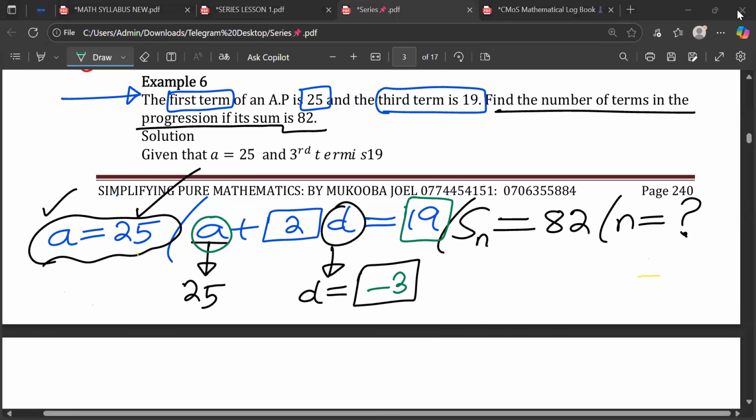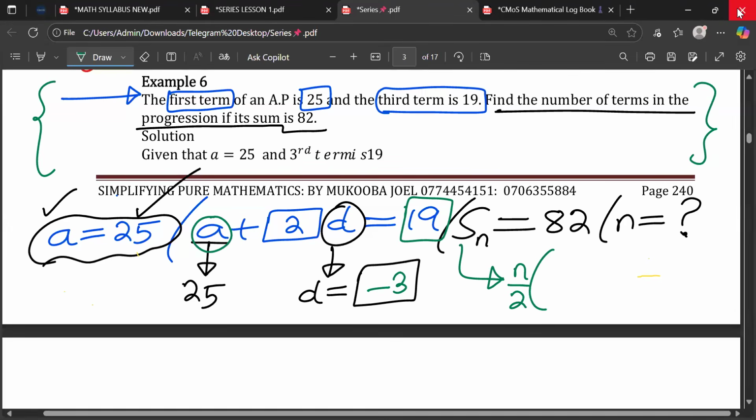Now, what is the formula for Sn? The formula we had was n over 2 times first term plus last term. But since the question is not mentioning the last term anywhere, we go for the second, which is n over 2 times 2a plus n minus 1 d.